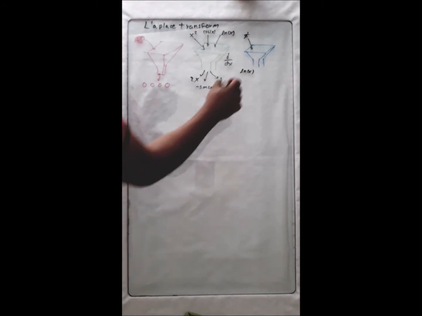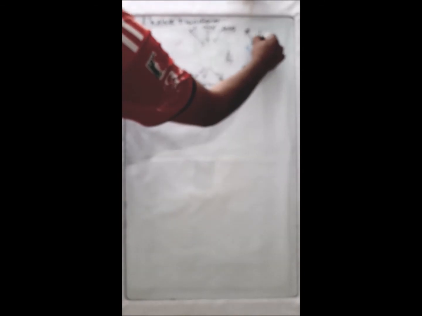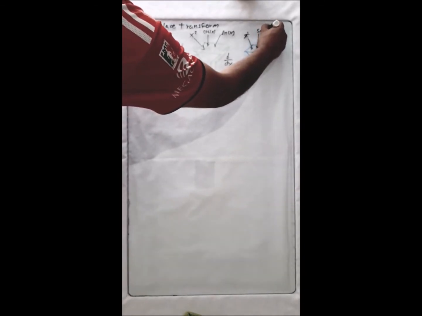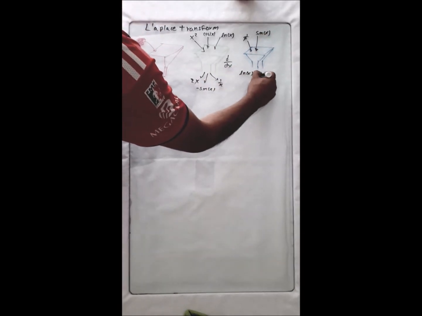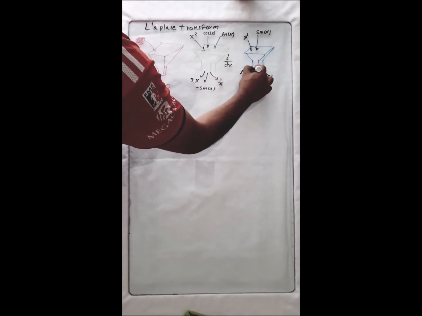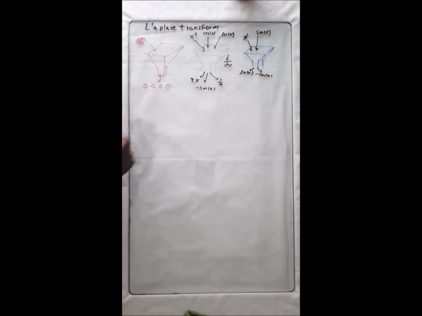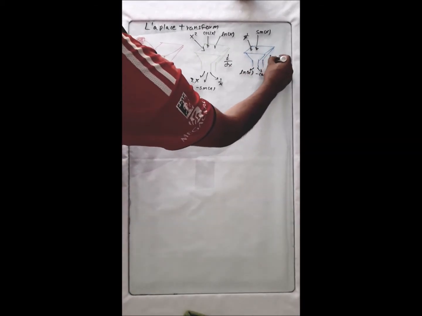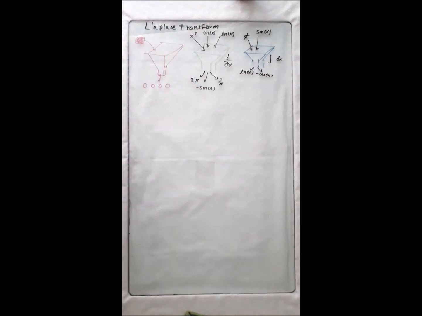Another example, let's say that you throw the sine of x, and you get the minus cosine of x as an output, right? Okay, I guess you have already figured out what is the transformation. The transformation is the integral with the differential of x, right?